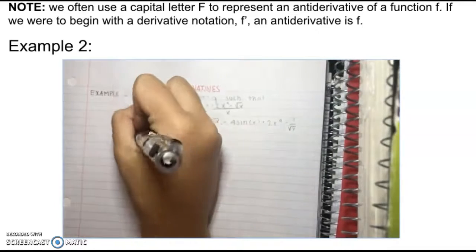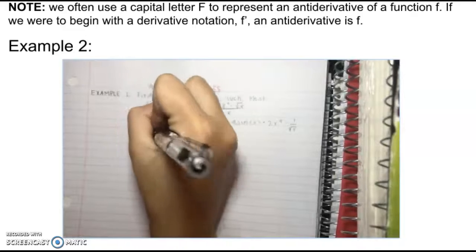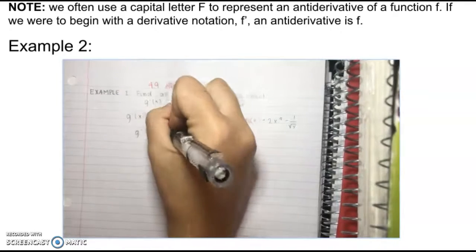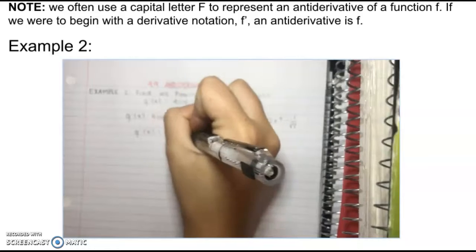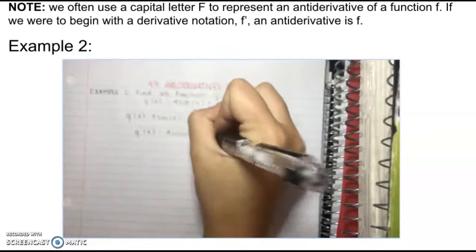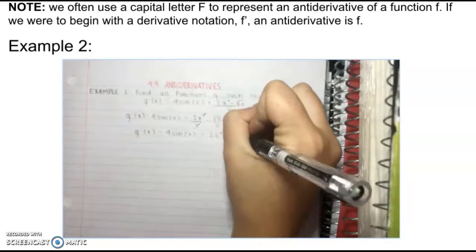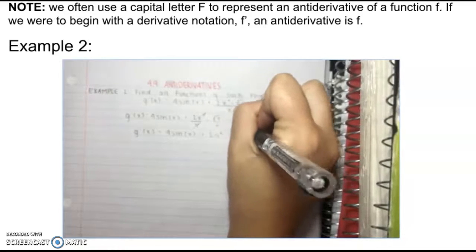Now, again, to simplify and rewrite, we write g prime of x equals 4 sine of x plus 2x to the fourth minus x to the negative 1/2.